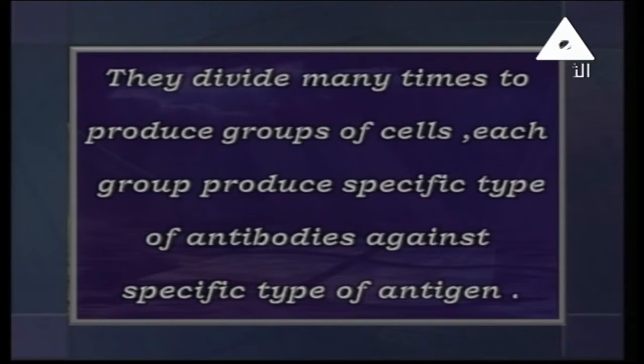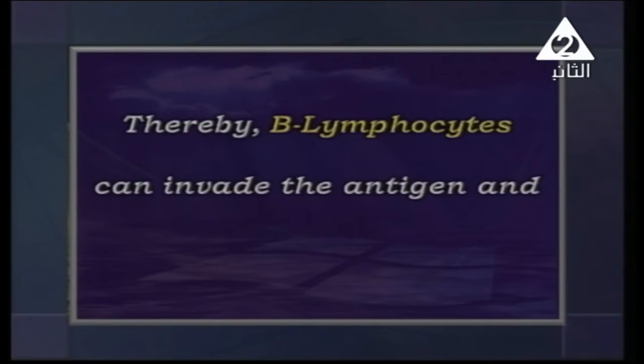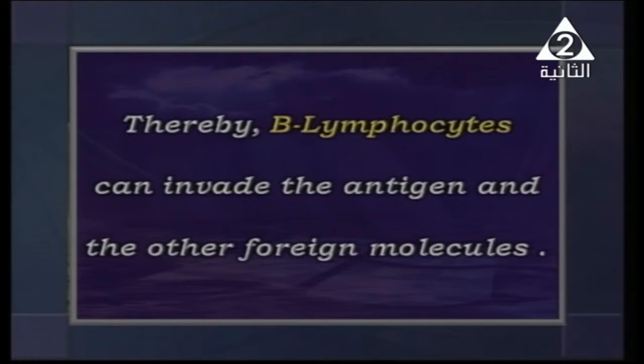Again, they divide many times and produce groups of cells, each group producing a specific type of antibodies for each antigen. So each antigen has its own antibody. But what else? The B lymphocytes can invade the antigen, and the other foreign molecules can also invade them.